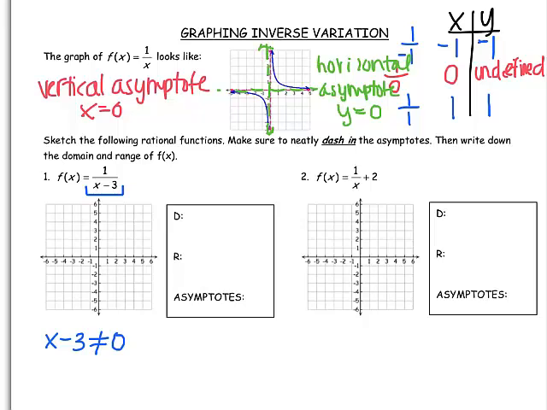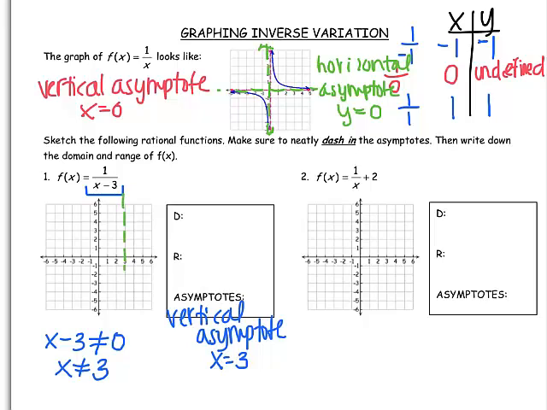If I add 3 to both sides, I have just determined that x cannot equal 3. That means that my vertical asymptote is the vertical line x equals 3. So when I draw that, I'm just going to dash in a vertical line at x equals 3.